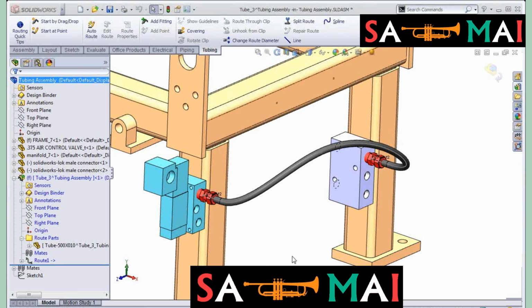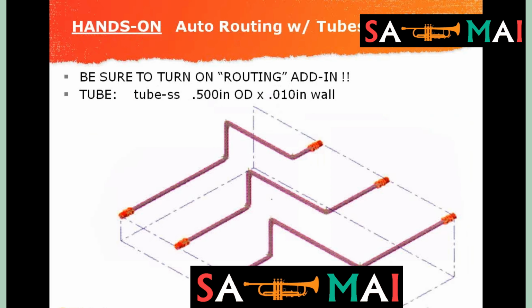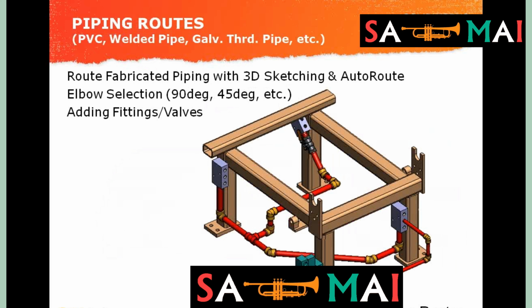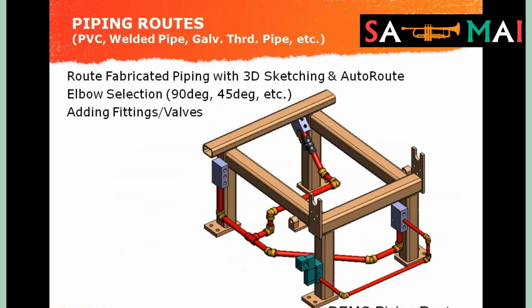All right, let's move on back to our slide presentation here. And now we're going to look at pipe routes. So pipe routes are all kinds of things: PVC glued together pipe, welded pipe, threaded pipe, all those kinds of things. Rigid pipe, not bent. It has elbows and T's where you need bends, pieces of pipe, either threaded or welded or glued together, right?